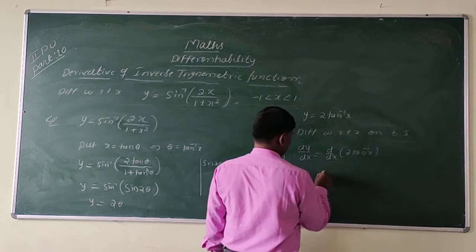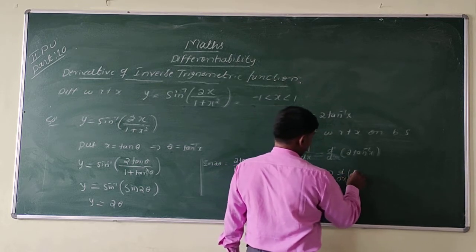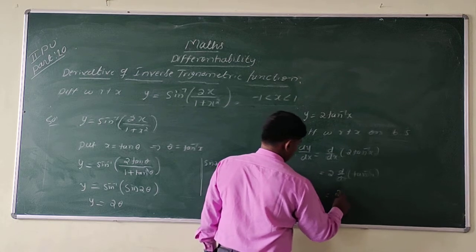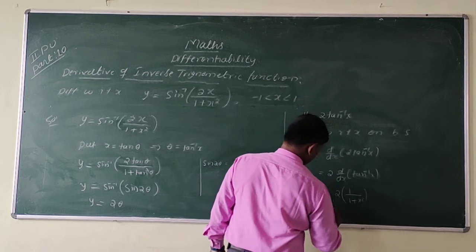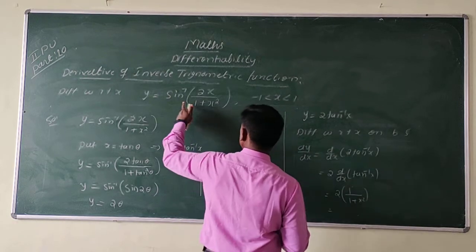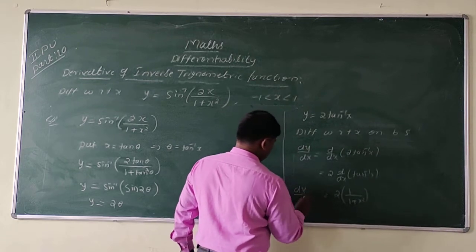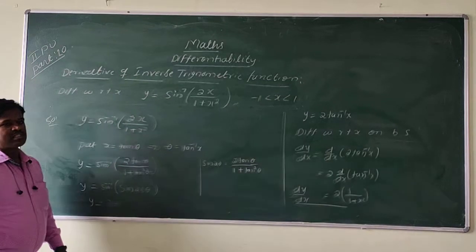The constant we take outside, 2 into dy by dx of tan inverse of x. The derivative of tan inverse of x is 1 by 1 plus x square. So finally dy by dx is equal to 2 into 1 by 1 plus x square.